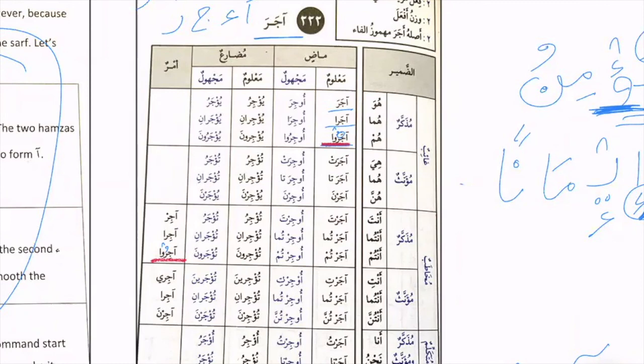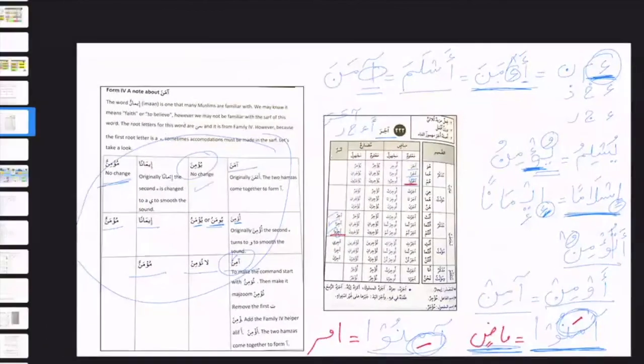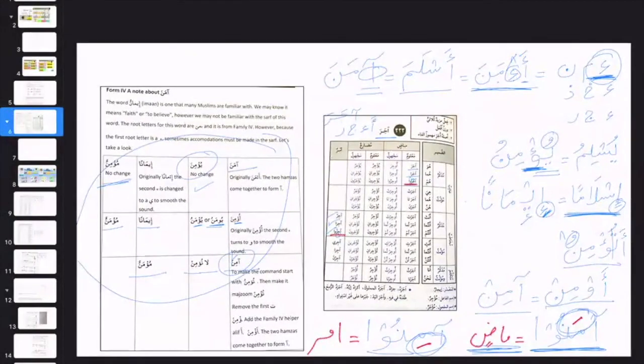And now look over here in amr. Ajir, this is anta. Ajira, and then ajiru. So jim is getting kasra over here. I want to show you guys that you should know this because it is very common.